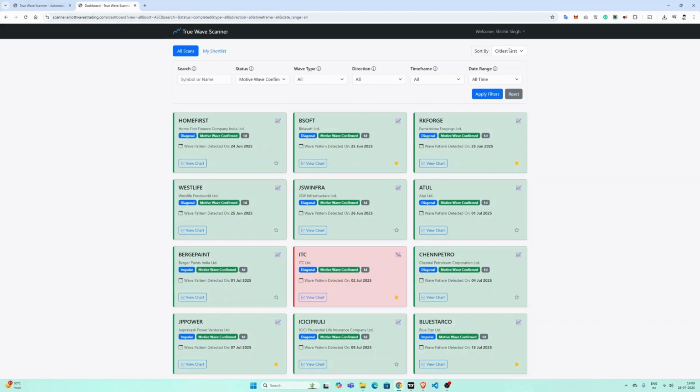If I look for the latest setups, that basically means wave 2 has just done 38.2%. It might take some more time for them to complete. So I am interested in motive wave confirmed setups and older setups first.